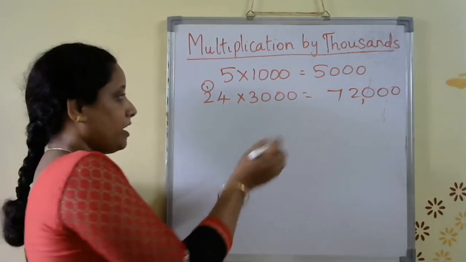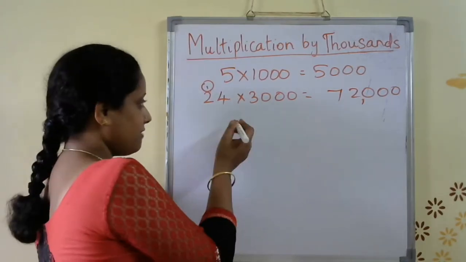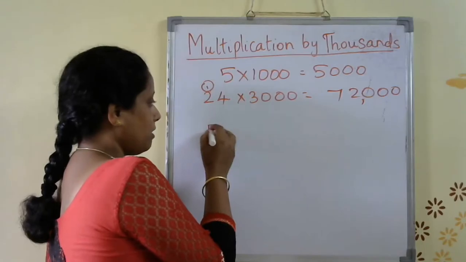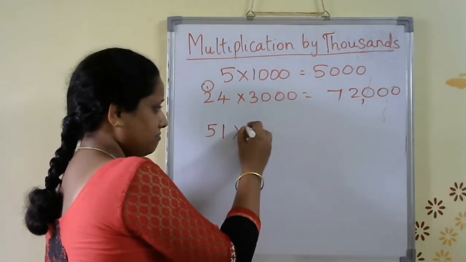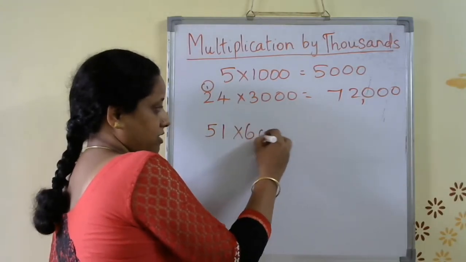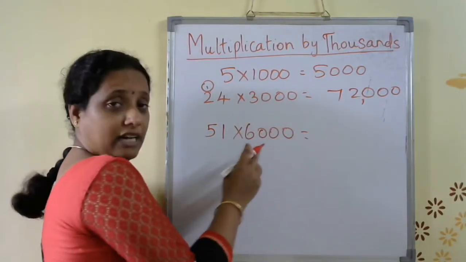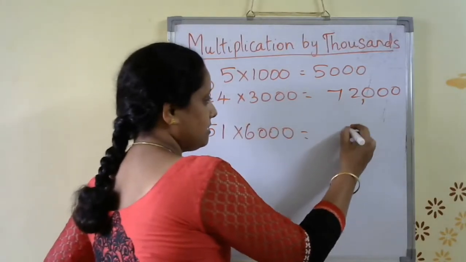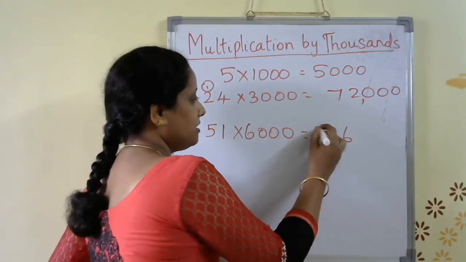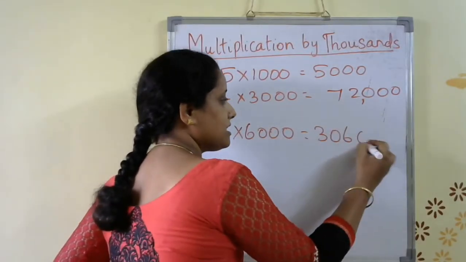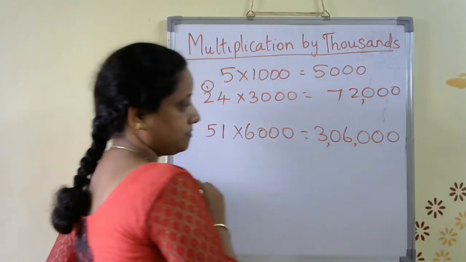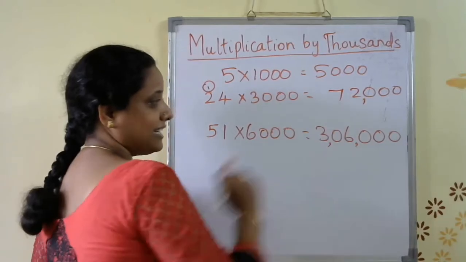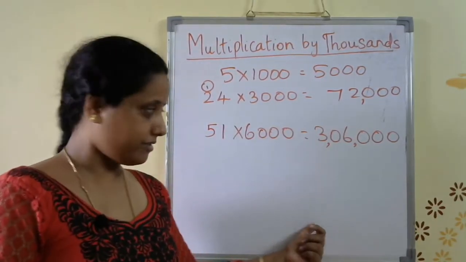And one more thing, if you are going to multiply any number, for example, let me take 51,000 into 6,000. Here I am going to multiply: 6 ones are 6 and 6 fives are 30, and these 3 zeros will remain as they are. So it becomes 3,06,000, right?